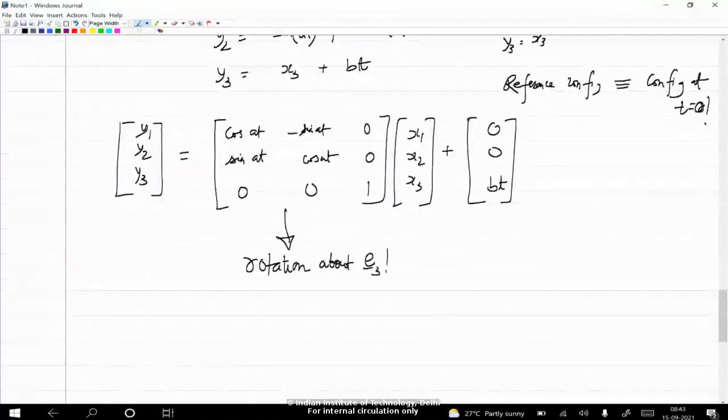So the first part is simply going to lead you to what is called circular motion, because the angle is rotation about E3 by at. The angle is at, which is changing with time. So any point x1, x2, x3 is following a circular trajectory because of the first part.